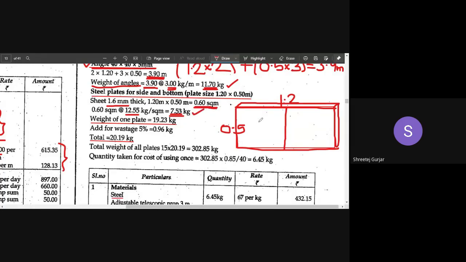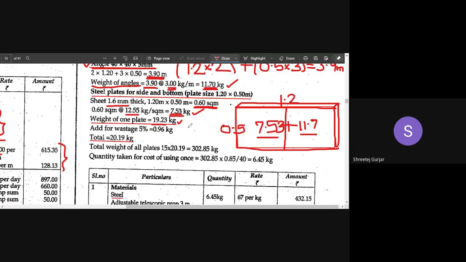And to this we have these angles which are attached, and the angle weight is 11.7 kilos, which I have written here. The weight of the panel plus the weight of the angle is the total weight of this structure. So 7.53 plus 11.7 is equal to 19.23 kilos.